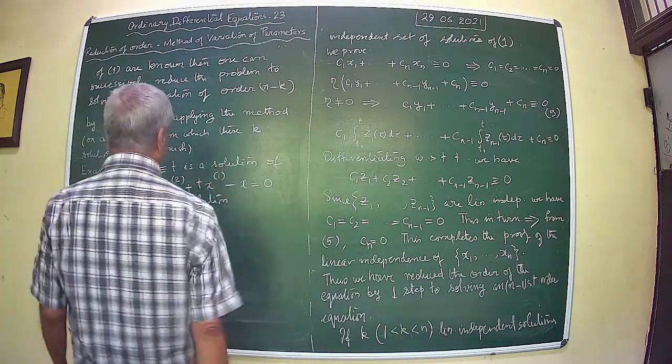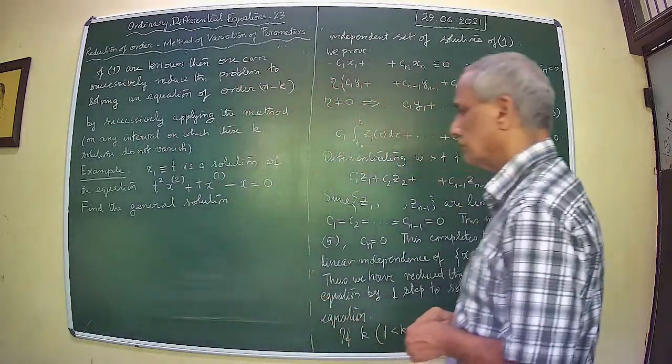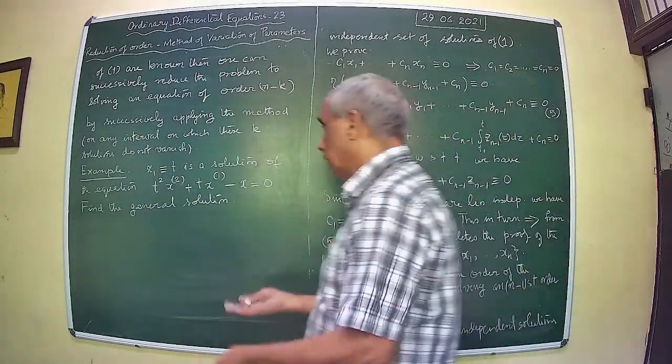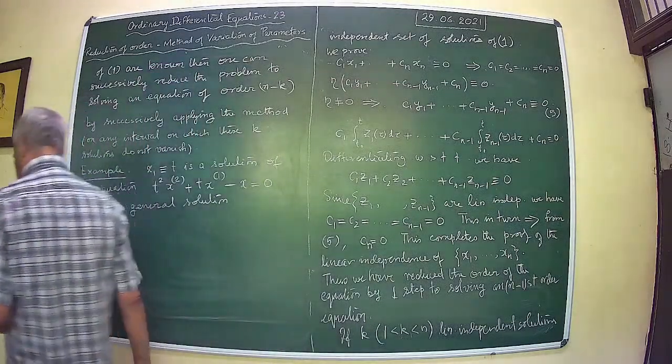So essentially we have to find a solution which is independent of x1 equal to t.